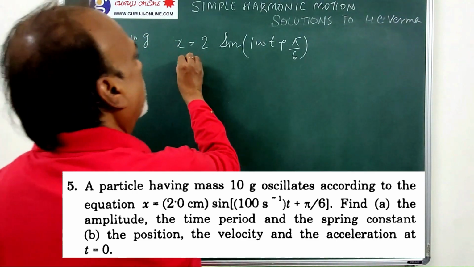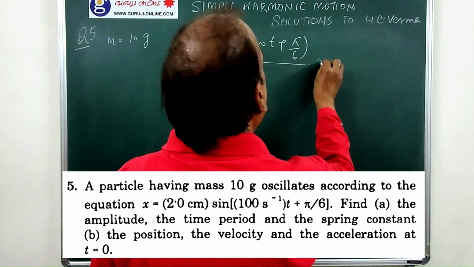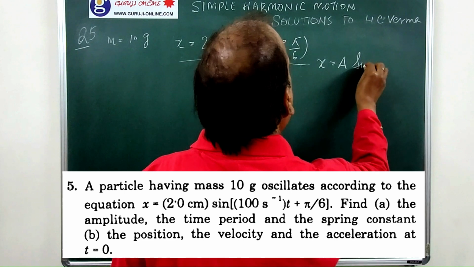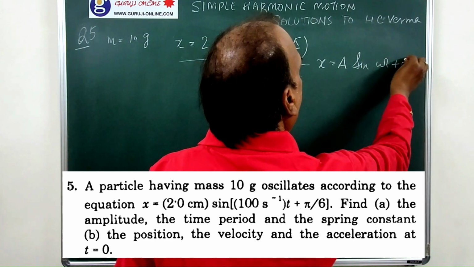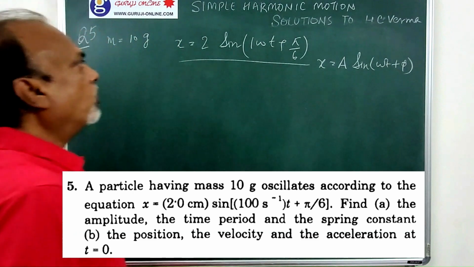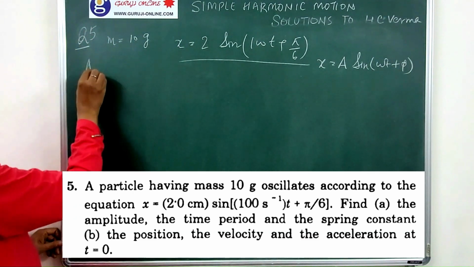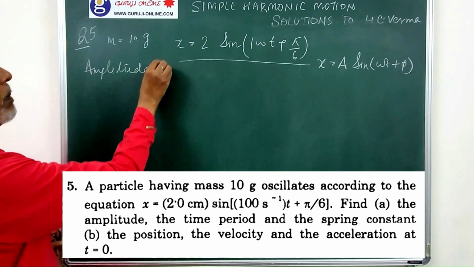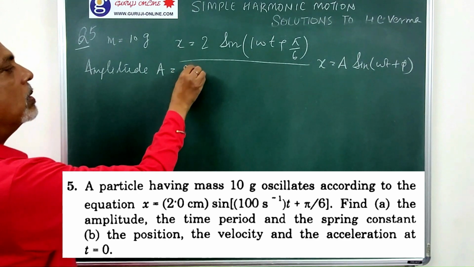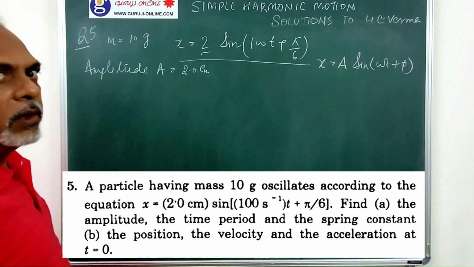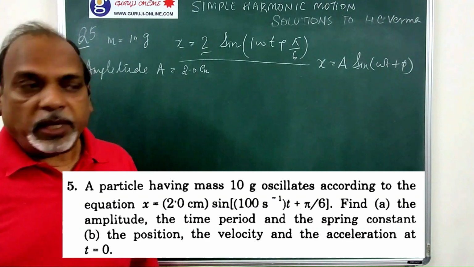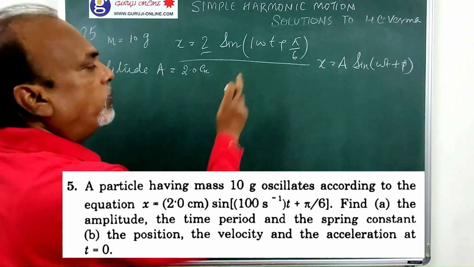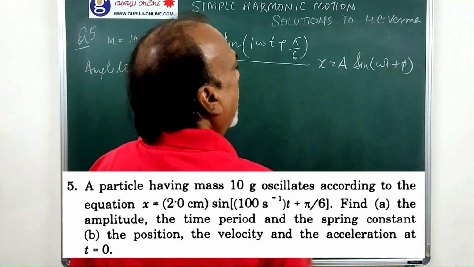So if you compare this equation with our standard equation, then what is amplitude? Amplitude A is 2 centimeter. It is already in the equation. Then time period. Here if you see, what is angular frequency?